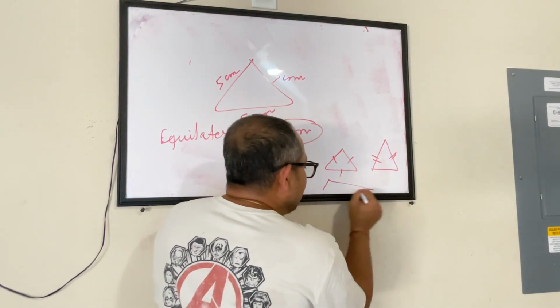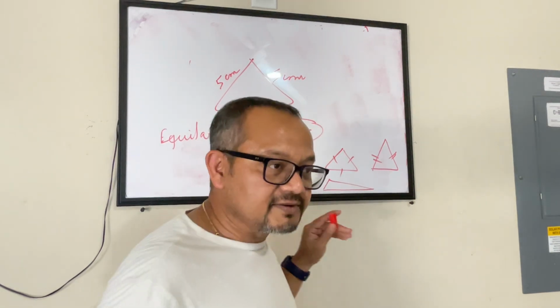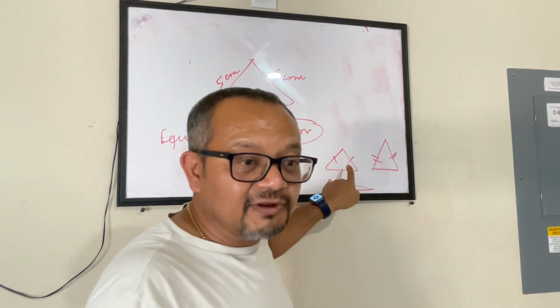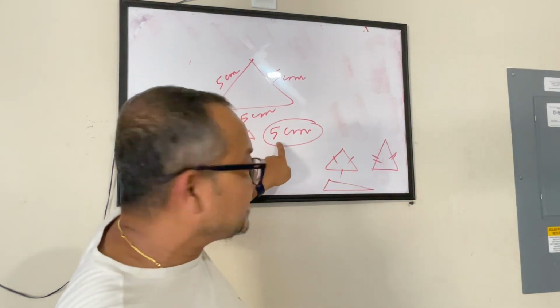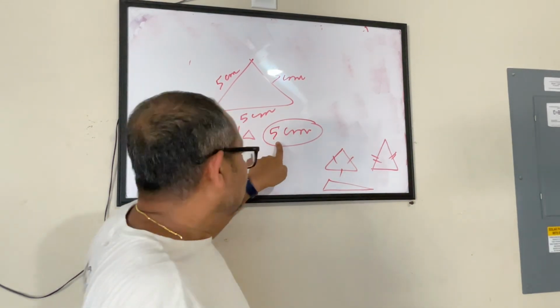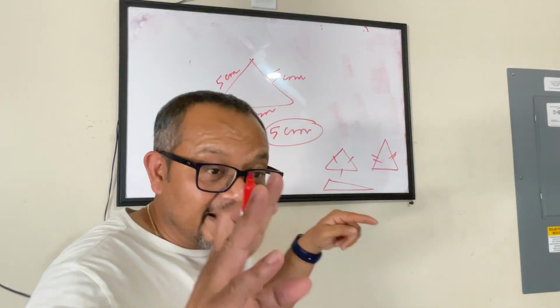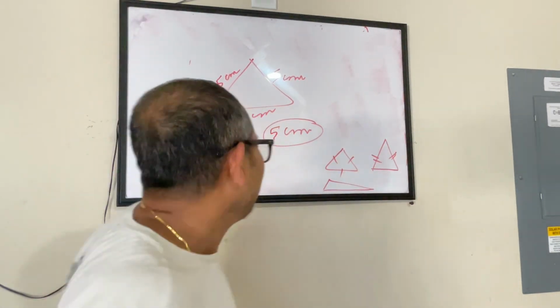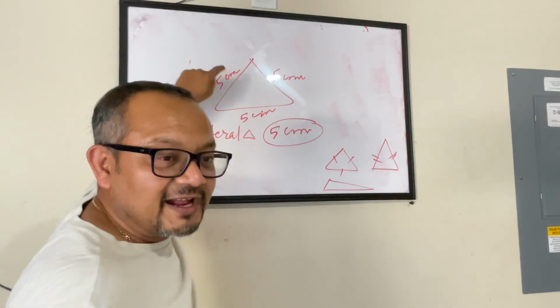And this is a scalene triangle where all sides are different. So I said find out the perimeter of an equilateral triangle where the length of the side is 5 centimeters. As soon as I said equilateral triangle, the first thing that flashed in your mind was, oh, all sides are same. So you have drawn this triangle.